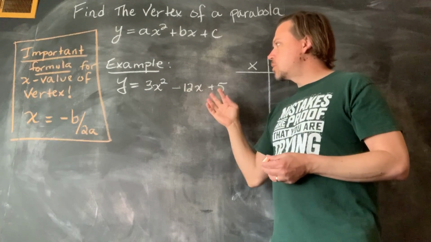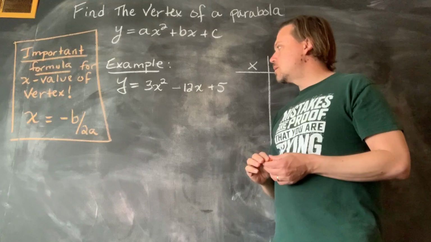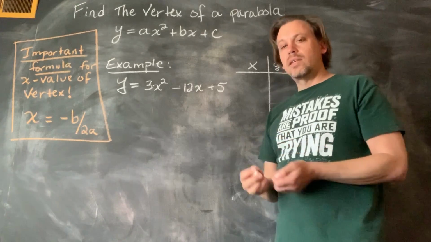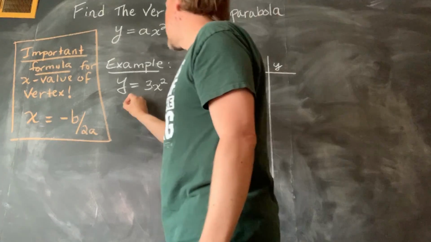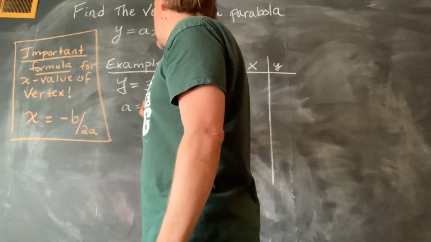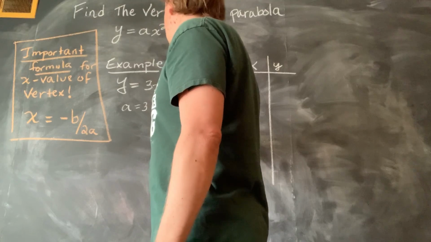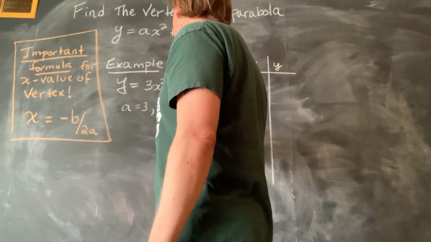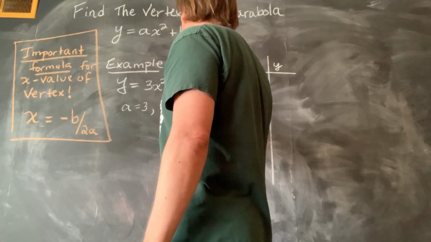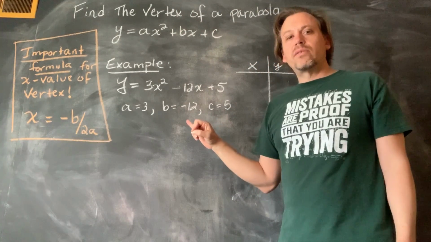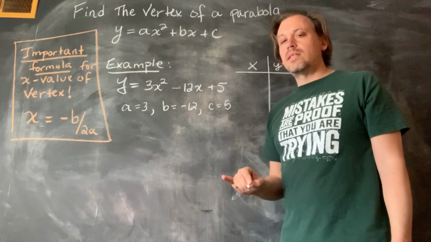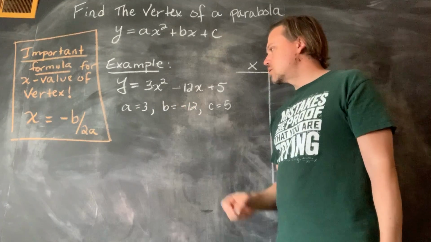So right here I've got a parabola, y equals 3x squared minus 12x plus 5. And just from reading that, I can say that a is 3, b is negative 12, and c is positive 5. For this formula and for the x value of the vertex, I don't need to use c, I just need to use these two numbers.